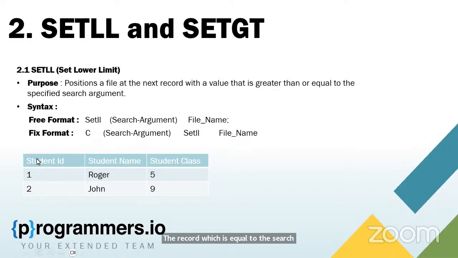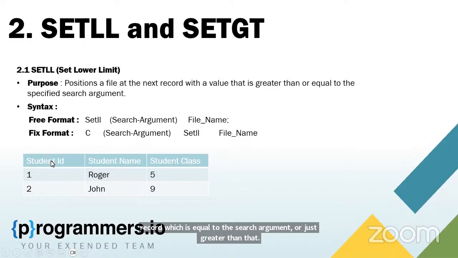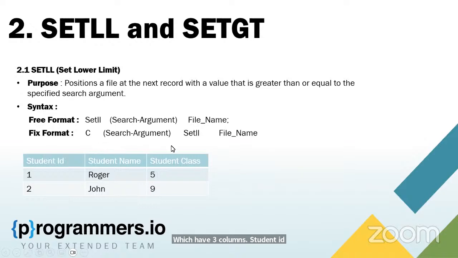Suppose I have one table which has three columns: student ID, student name, and student class. Now I have used the setll opcode with my search argument. This search argument can be any value. Suppose I have used the search argument value 1.